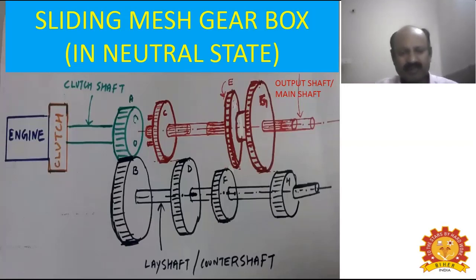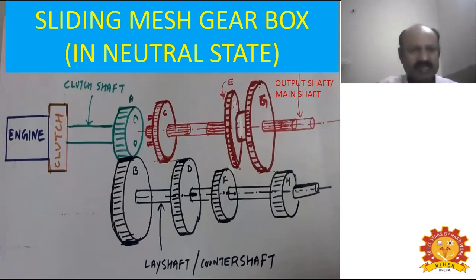We see here that the lay shaft is shown in black color in this diagram. From the basic diagram, you see the clutch shaft, shown in green color, and its attached gear A will be rotating whenever the engine is rotating, assuming the clutch is in an engaged state.